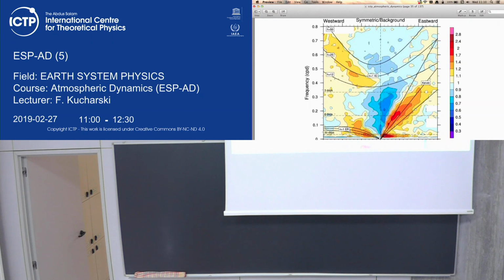It's actually used, there are very fancy inversion techniques that use the measurement of OLR to convert it into a rainfall quantity. So OLR and rainfall in the tropical regions at least often have a very, very good relationship.